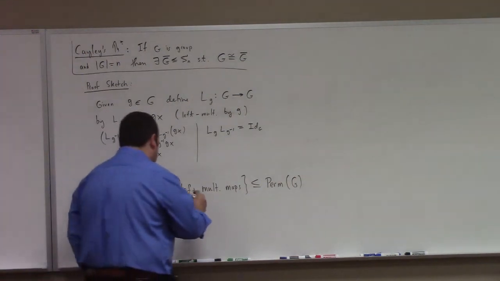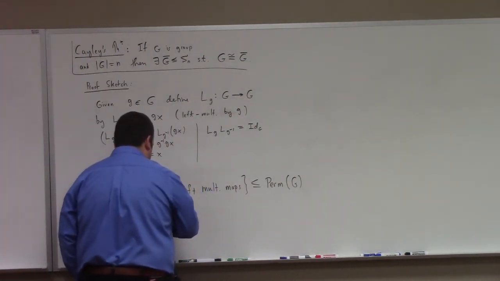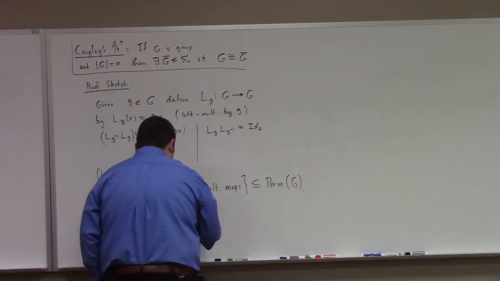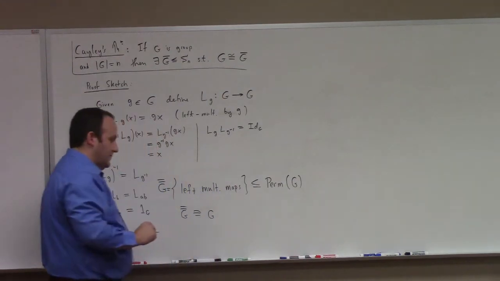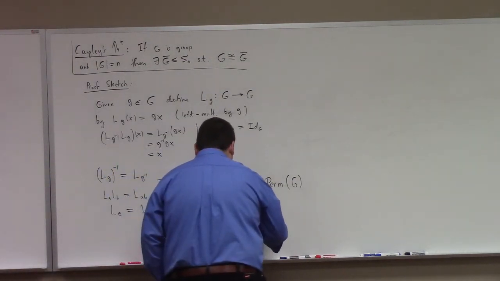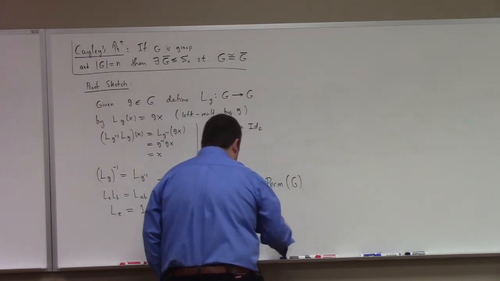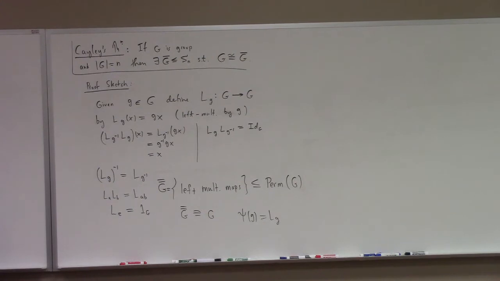If I call this G bar bar, then it's fairly clear that G bar bar is isomorphic to G. How so? The isomorphism is kind of dumb. It's just psi of G is equal to L_G.